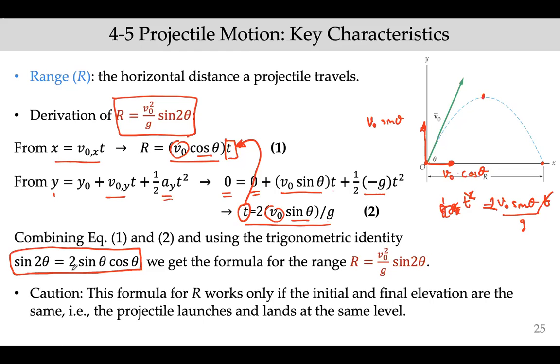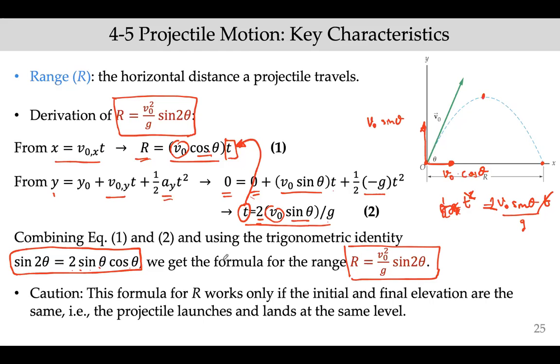So if you have 2 sine theta, cosine theta, you can write it as sine 2 theta. And if you also use this, the final equation for range, without depending on time, is given by this.